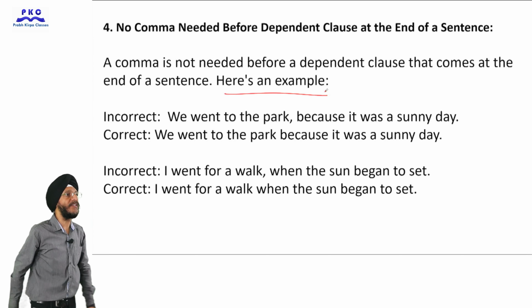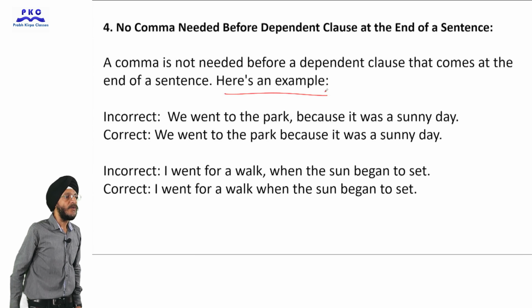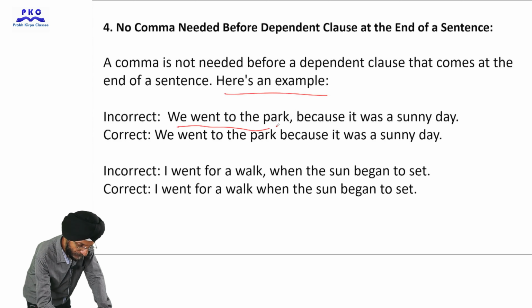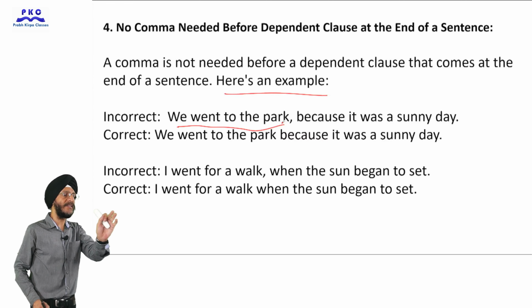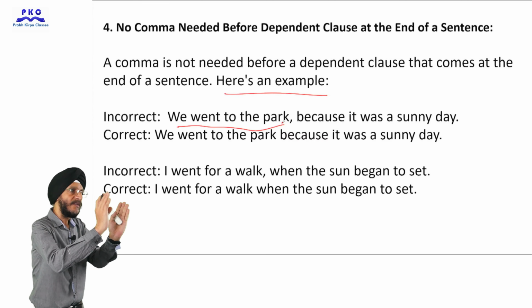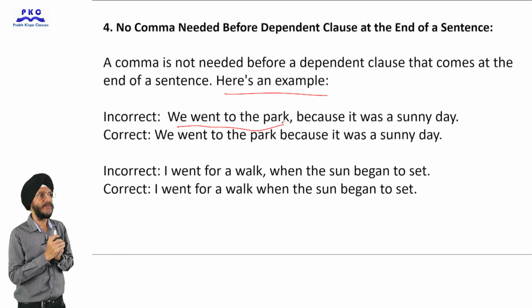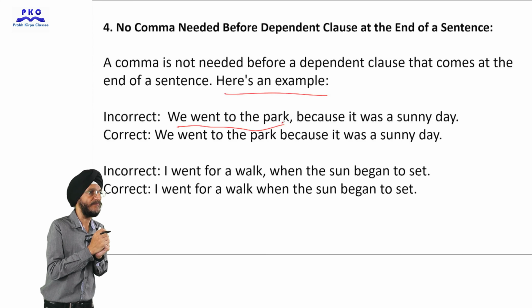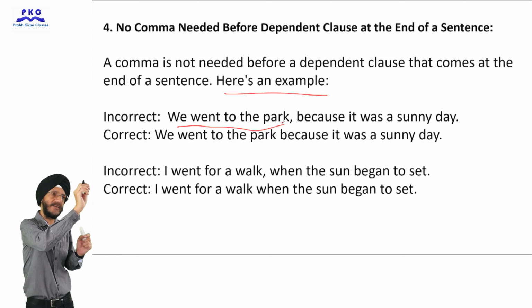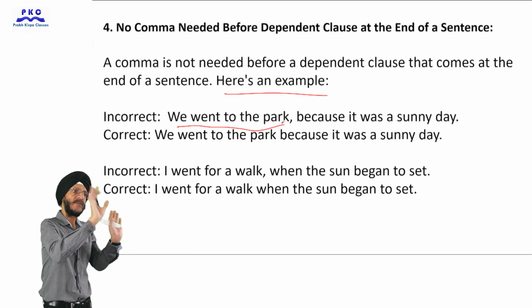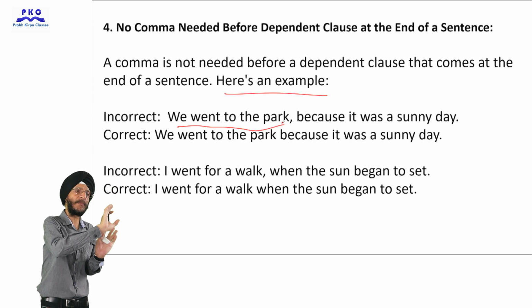We understand the same with the help of an example. We went to the park. We went to the park is an independent clause. It can stand alone as an independent sentence. If we simply write we went to the park and put a full stop, it is a complete sentence.